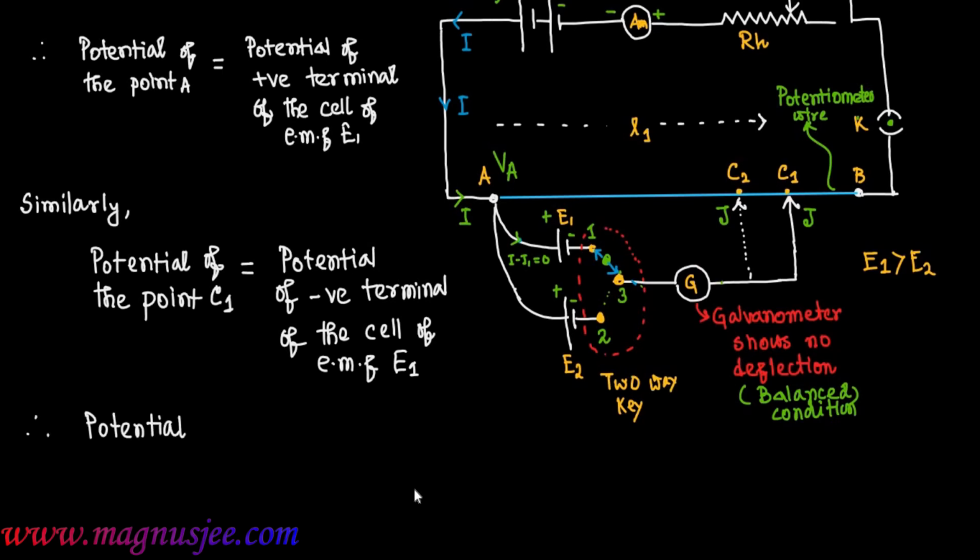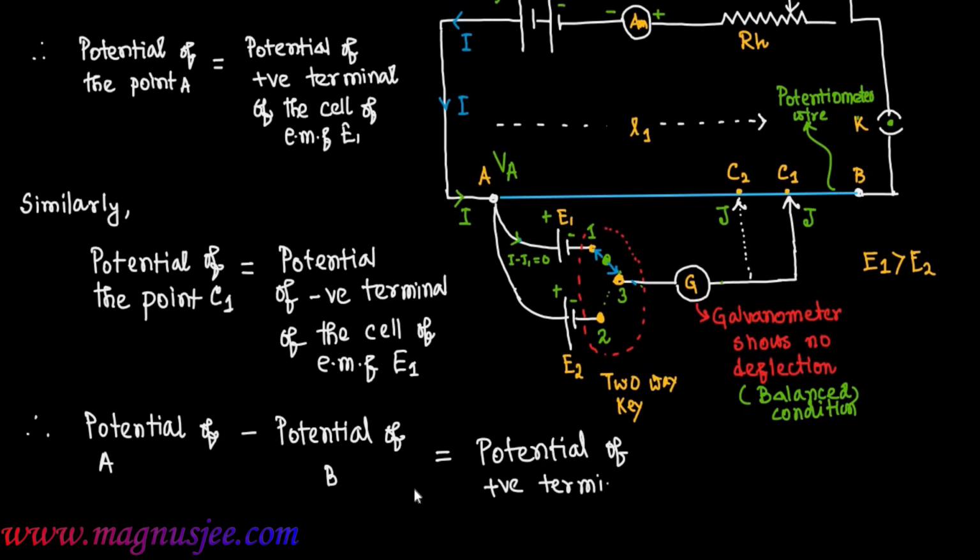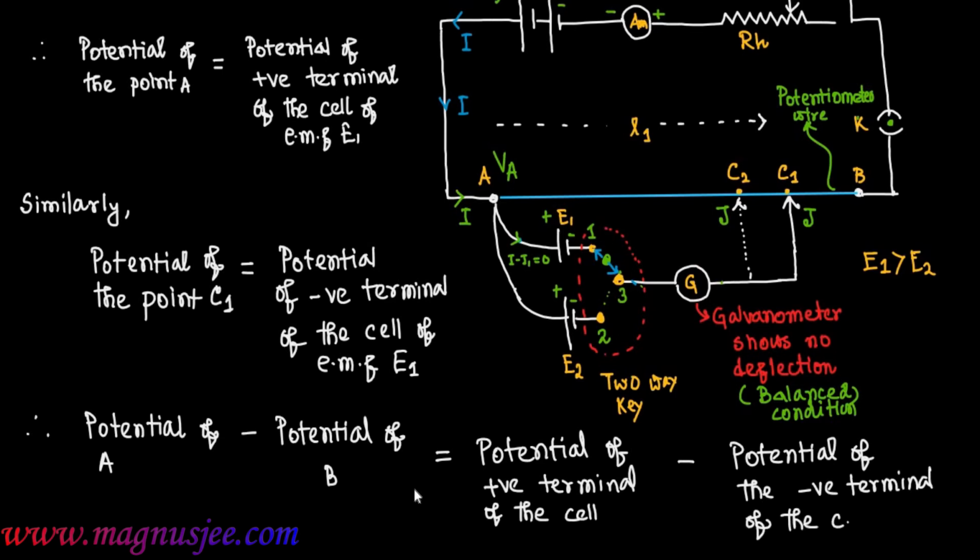Therefore, the potential of the point A minus the potential of the point C1 is equal to the potential of the positive terminal of the cell of E.m.f. E1 minus the potential of the negative terminal of the cell of E.m.f. E1.